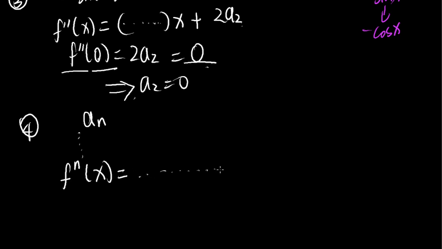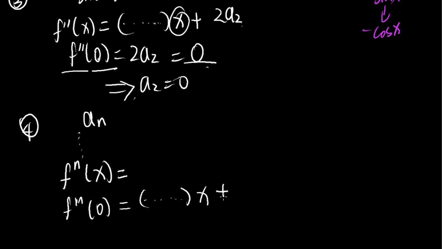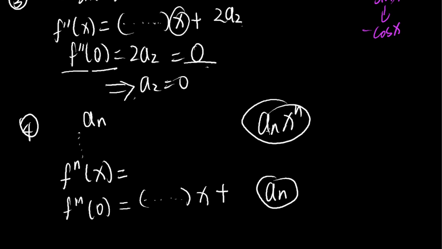This should be another polynomial. Then we let x equal 0 because we expand at x equals 0. In this scenario, it will be many terms times x plus a term involving a_n, which at the start is a_n times x to the power of n.